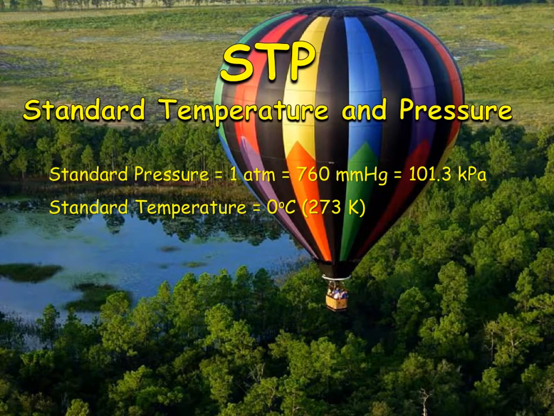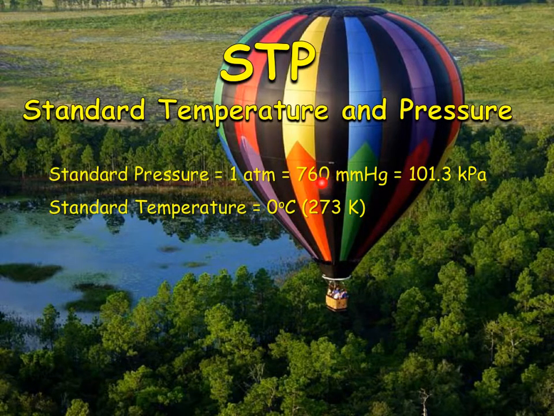Before we begin to look at Boyle's problems, be sure you have in your notes standard temperature and pressure. It's referred to as STP. Standard pressure is 1 atmosphere, which is equal to 760 millimeters of mercury, which is equal to 101.3 kilopascals. And standard temperature is 0 degrees Celsius, but all gas law problems must be worked with your temperature in Kelvin.